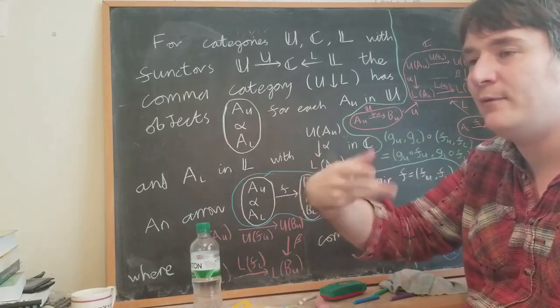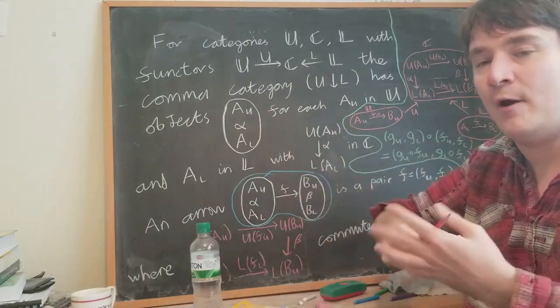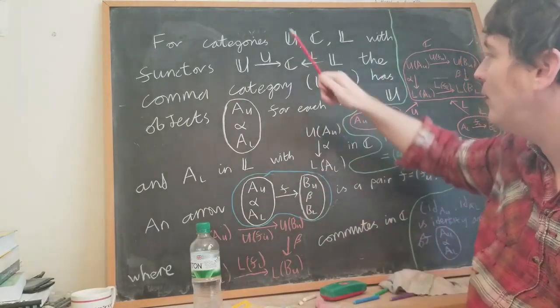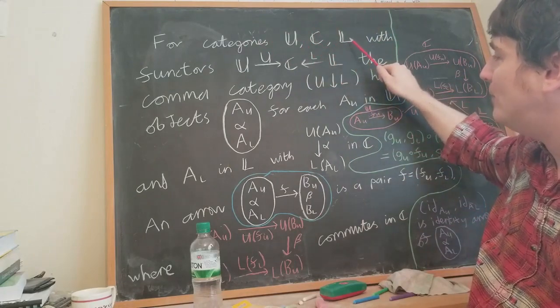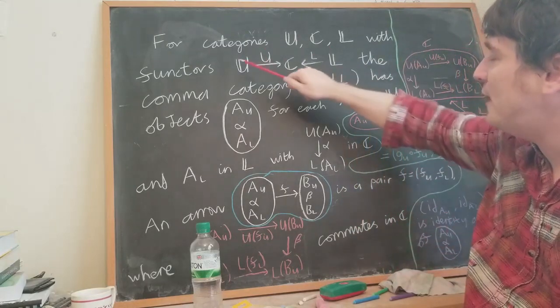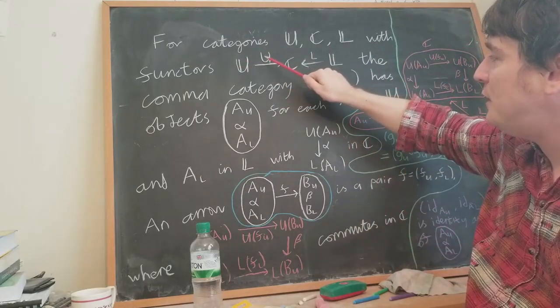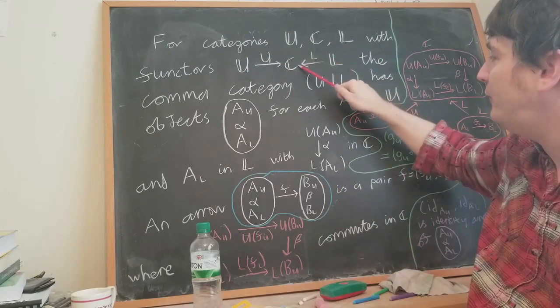Well, it's a special kind of category, made out of objects and arrows from three different categories. So we've got three general categories, U, C, and L. And we've also got some functors between them: a functor U from 𝒰 to C, and a functor L from ℒ to C.